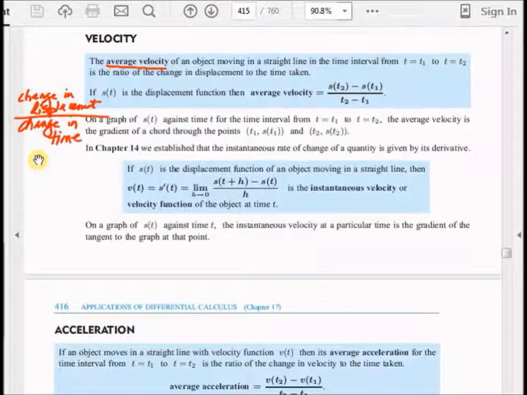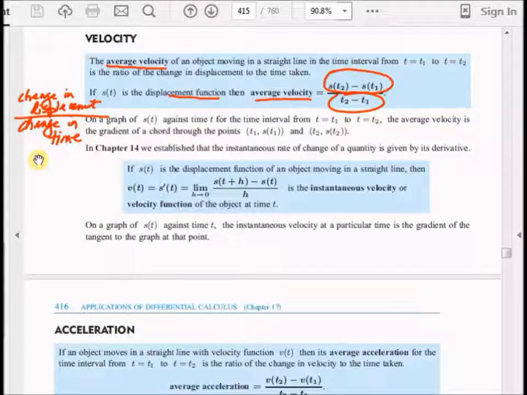Again, this looks an awful lot like the slope or gradient formula. But here we have it. If S of t is the displacement function, then the average velocity is the change in displacement divided by the change in time.